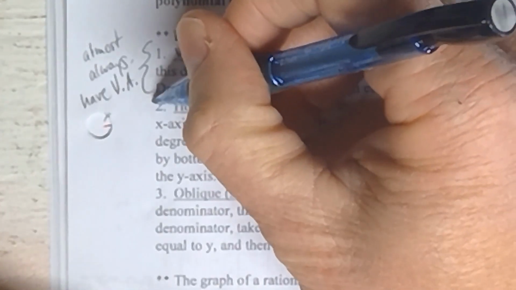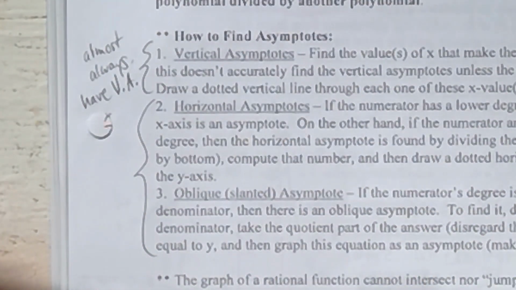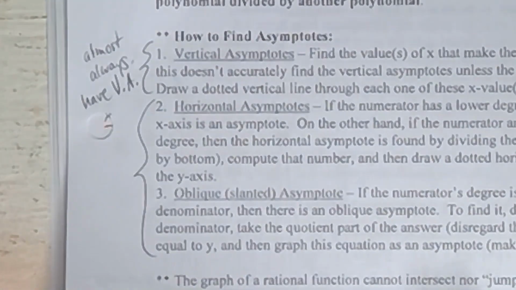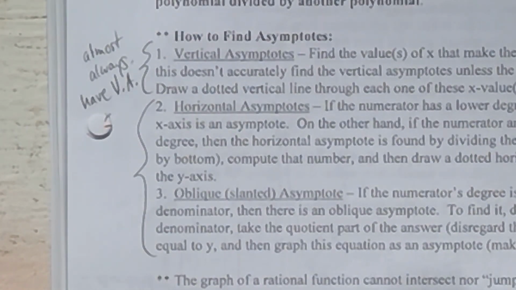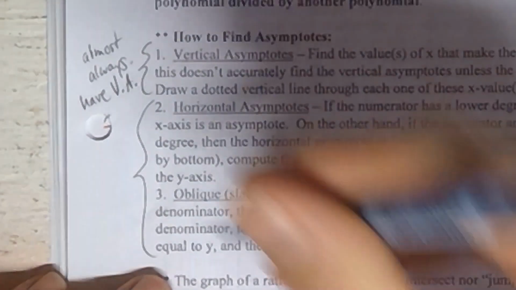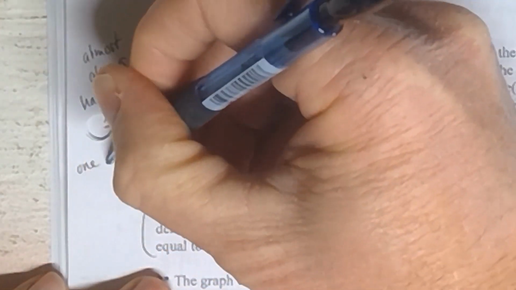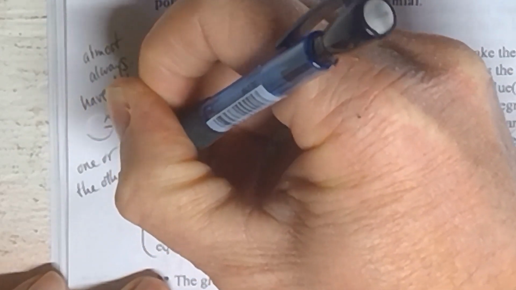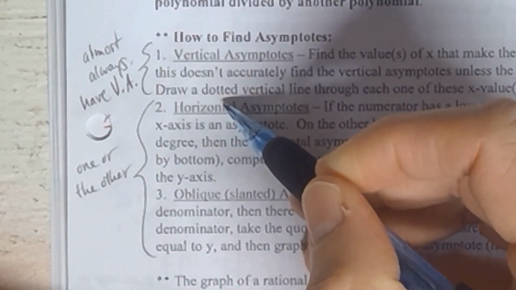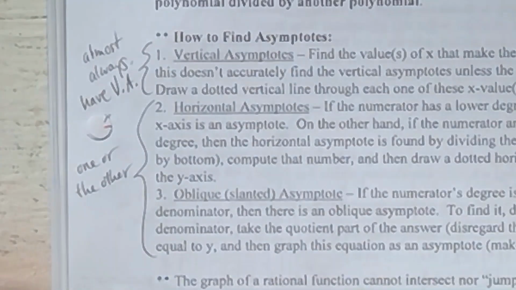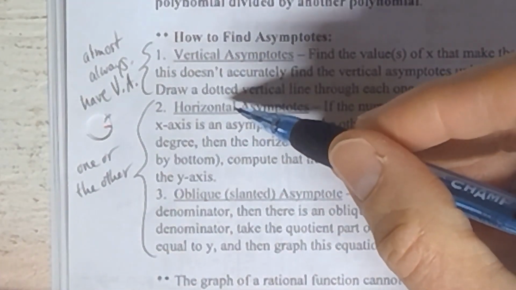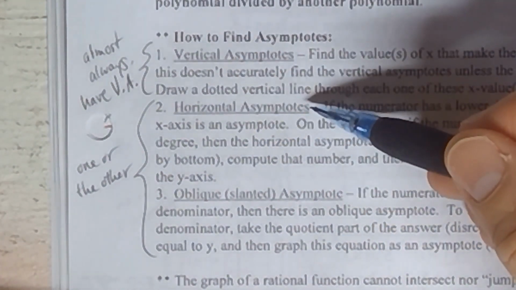Horizontal and oblique asymptotes, all right? Every single problem either has one or the other of those two things, okay? And you'll see why here when I go through these directions. It's going to be one or the other of these two things. So you're either going to have a horizontal asymptote or an oblique asymptote, okay? And it'll be just one of either one.